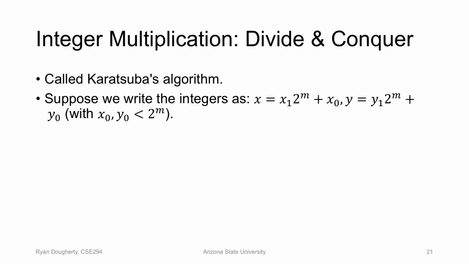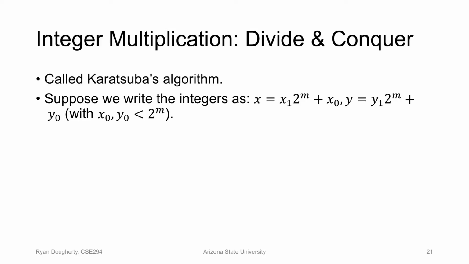We can think about a number as some number shifted over m places, so times 2 to the m, which just means shifted over m places, plus some constant at the end. You can think of x0 and y0 as the remainder when you divide by 2 to the m, or you can also think of that as the very last digit in the number.